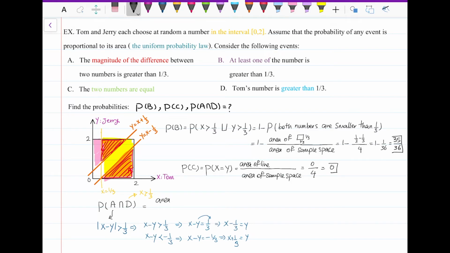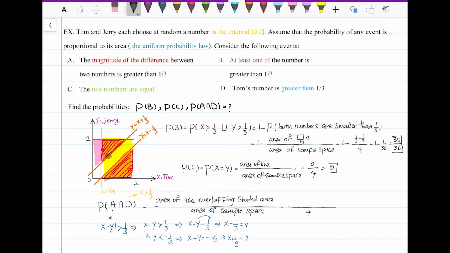So area of the overlapping shaded area over the area of the sample space. Okay, area of the sample space, easy, it's 4.